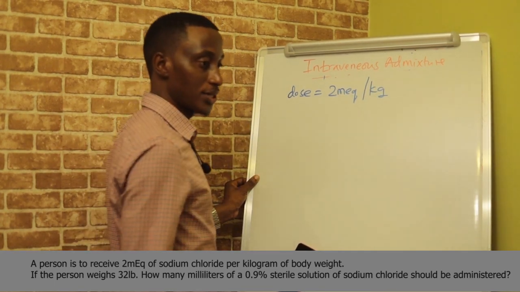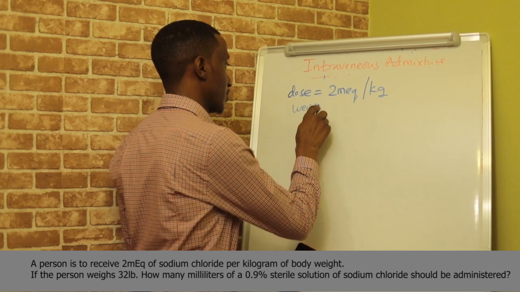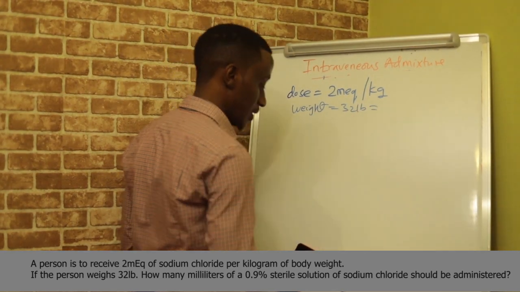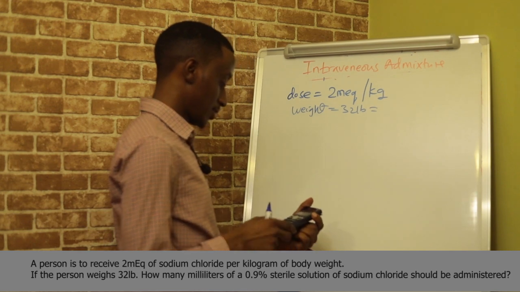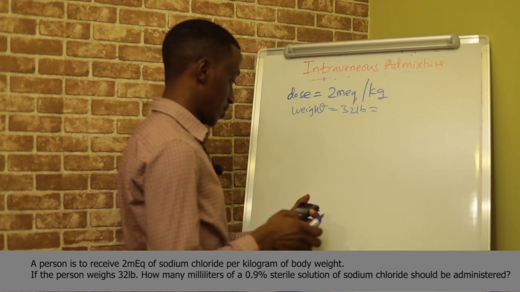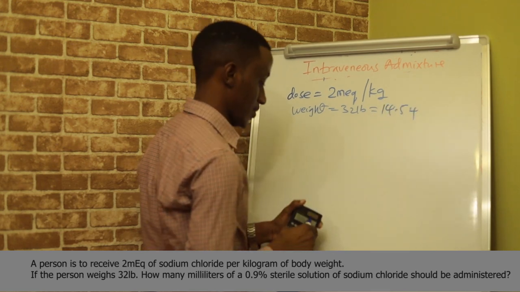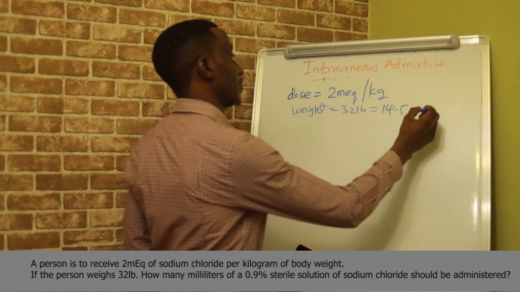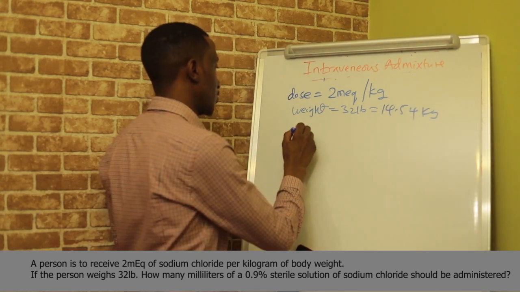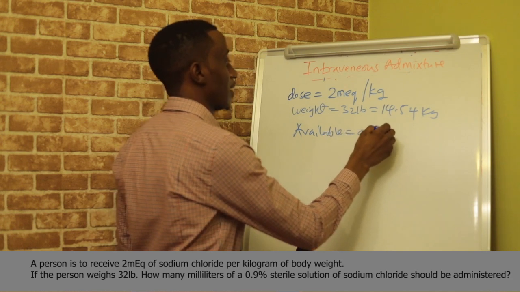The patient weighs 32 lb; converting to kg, divided by 2.2, it is 14.54 kilograms. Then the available injection of sodium chloride is 0.9%.